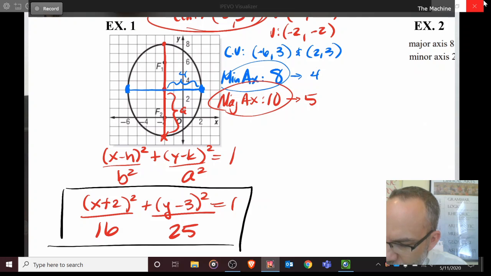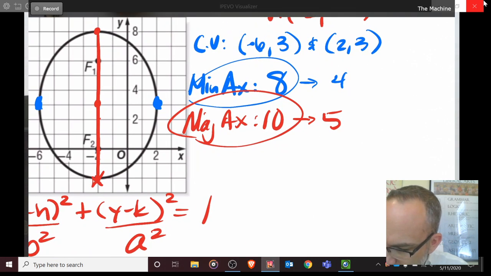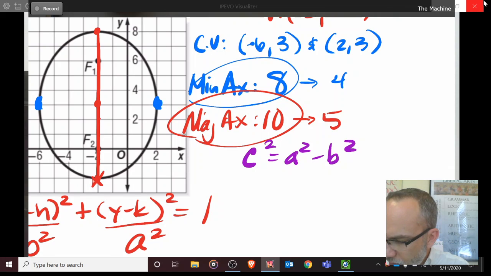And now let's do the foci. I want to actually show you where the foci are once we get in here. So let me pick, let's do it in purple. Remember, I need a c value now for my foci. So the c is the distance from the center to the focus. So c squared is equal to a squared minus b squared.